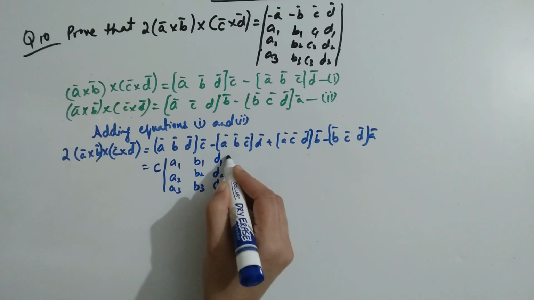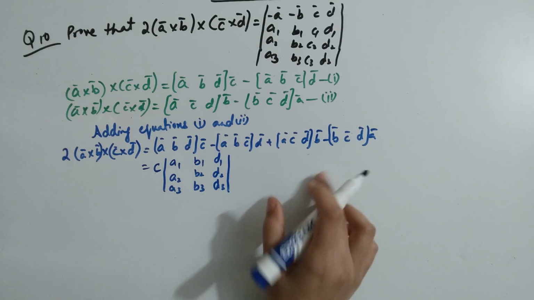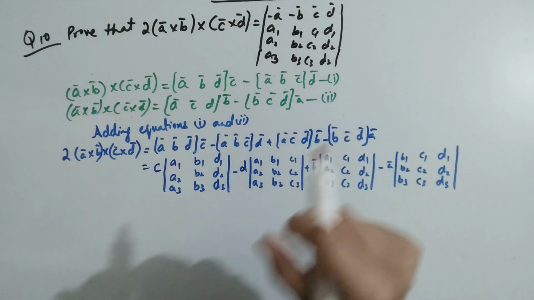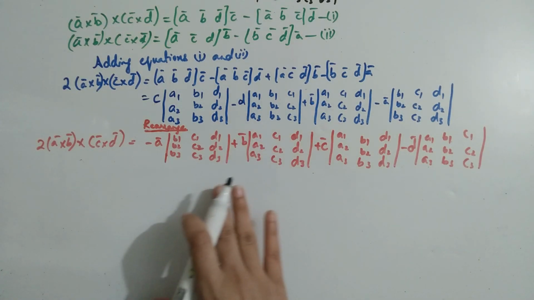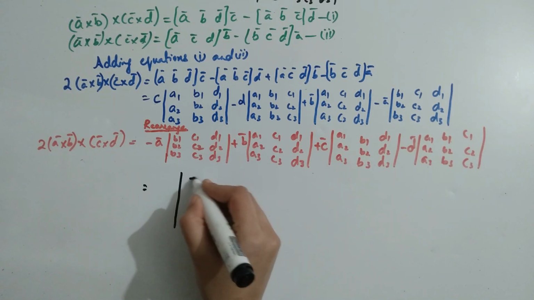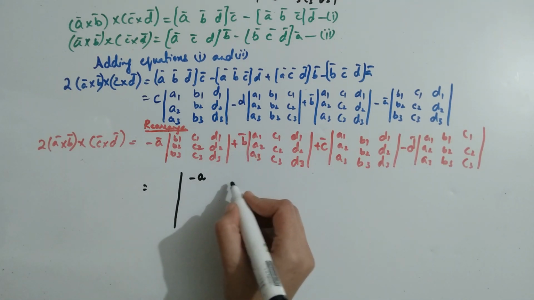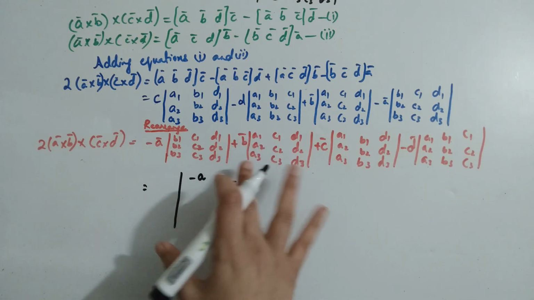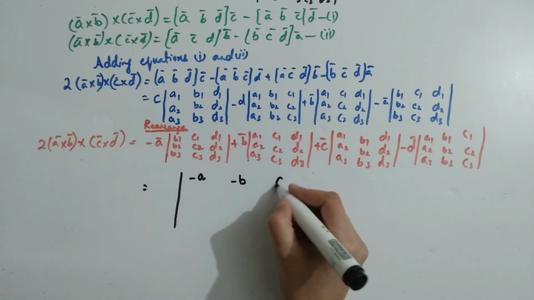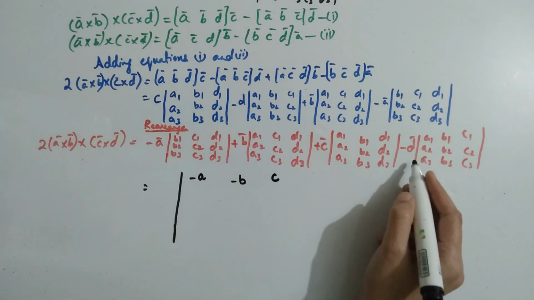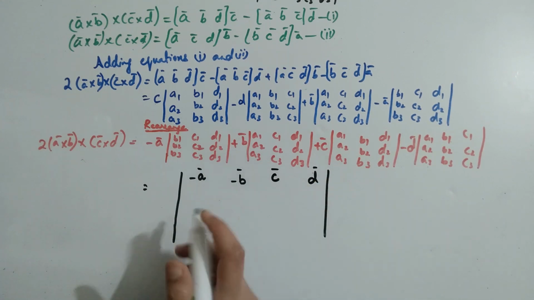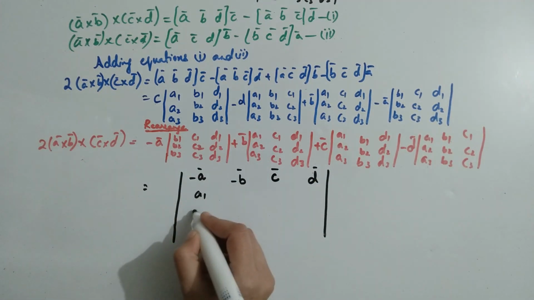Now expanding it and arranging it in a way to form the right hand side of this expression, in synchronous form, that is a b c d, you can further write it as minus a, this is b, minus b, because the second component of this determinant is negative, so this is minus b, and this is c and minus d, but a d is already here with minus sign, so a1 a2 a3, this is the required determinant.